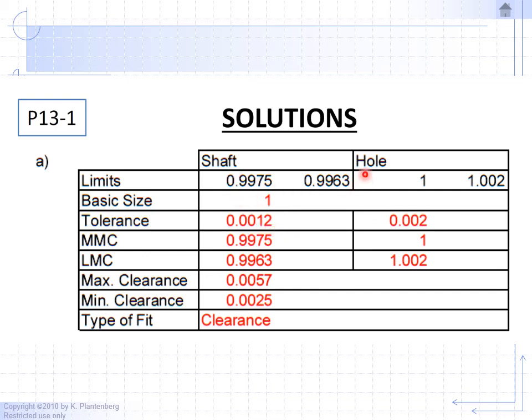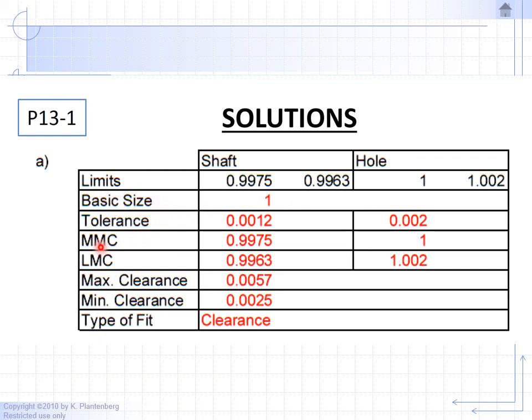You do take the absolute value, meaning you don't use a negative for the tolerance. And for the hole in the block, our tolerance, our wiggle room, is just 1 subtracted from 1.002, and the tolerance or wiggle room is 0.002. Okay, and we use absolute value, meaning no negatives for the tolerance.